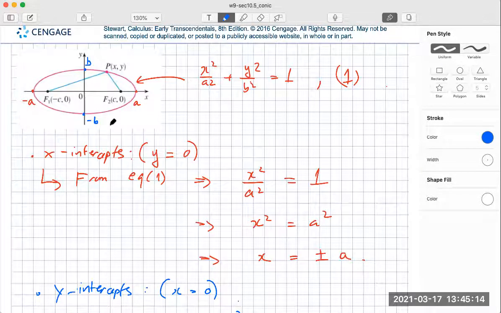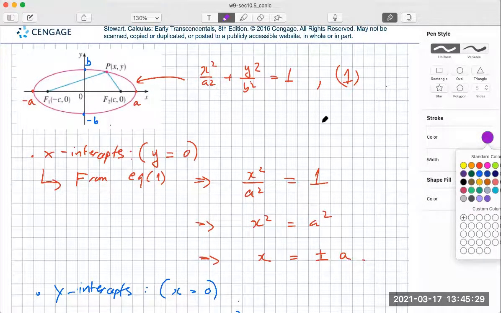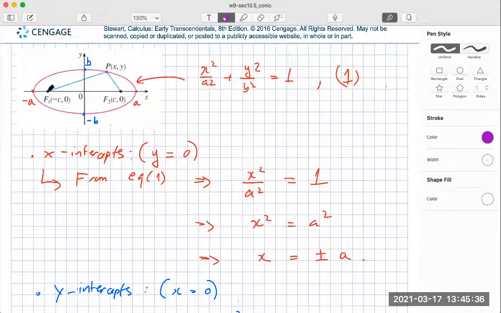So here, if we're given a and b, let us find c, right? How can we find it? In order to avoid memorizing too many things, let us take a look at this special triangle.